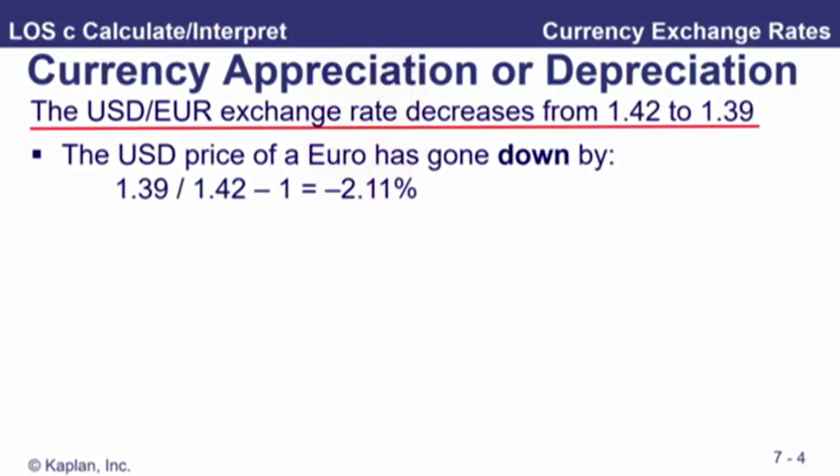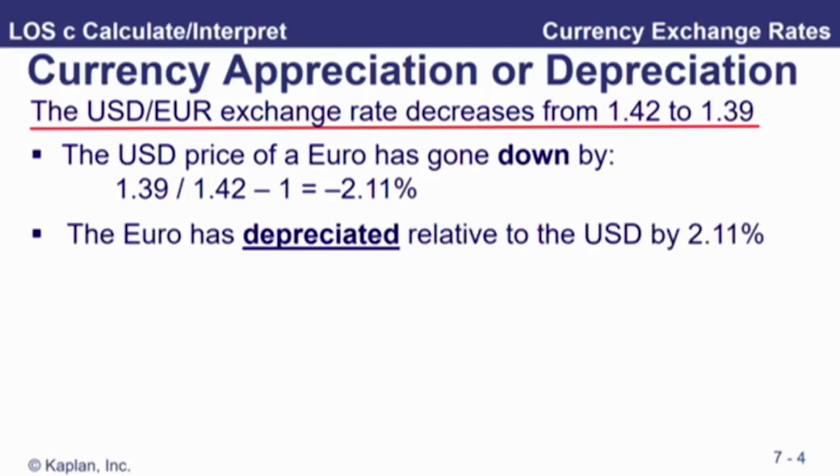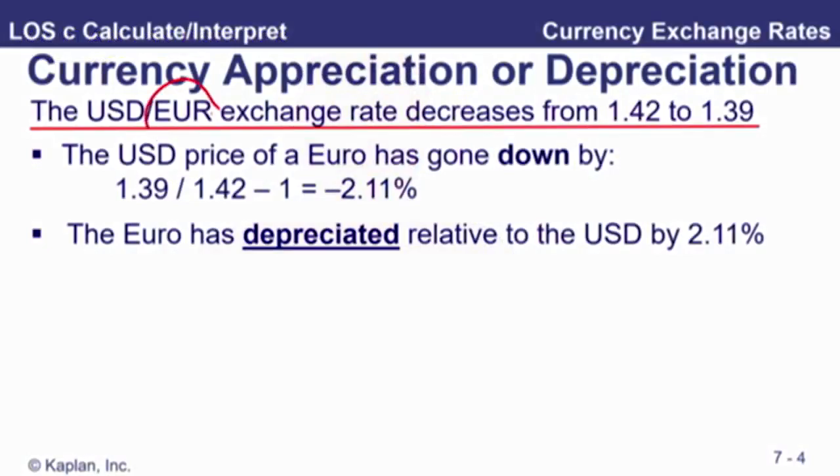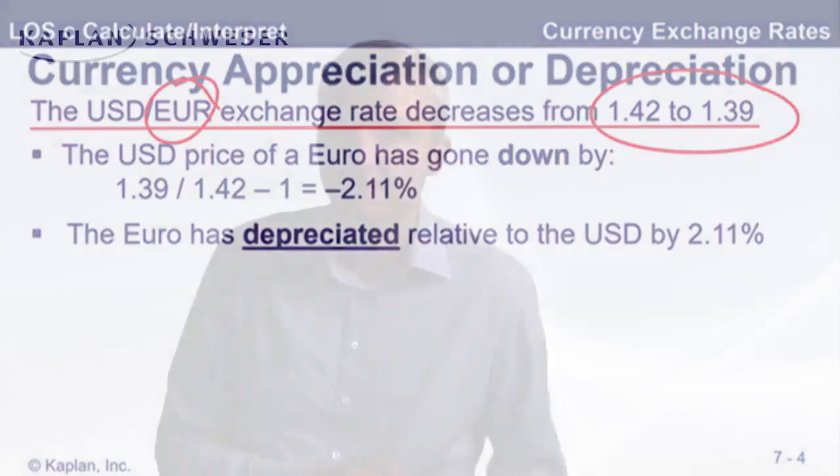The USD price of a euro has gone down by 1.39 over 1.42 minus 1, basic quant calculation of a holding period return, minus 2.11%. The euro has depreciated relative to the USD by 2.11%. It is buying fewer US dollars. Get happy with that logic. Or if you just want to learn the rule, if you are considering the base and the number in the quote goes down, the base has depreciated.